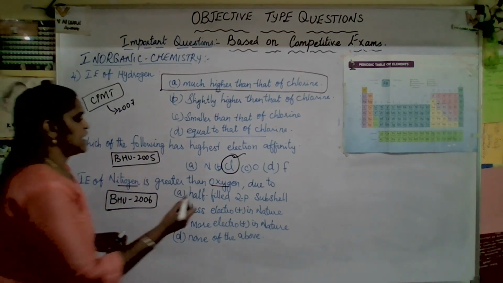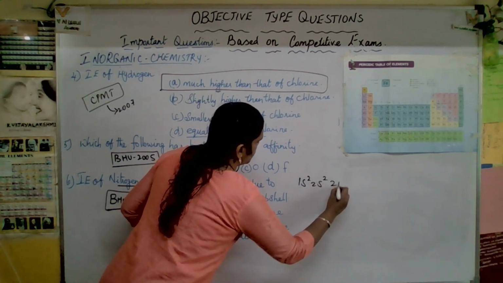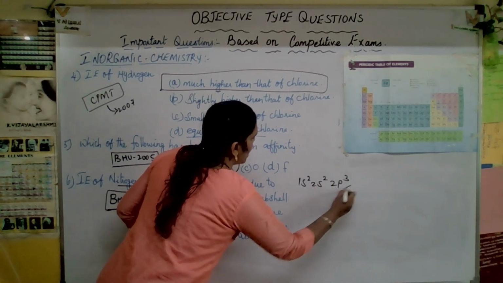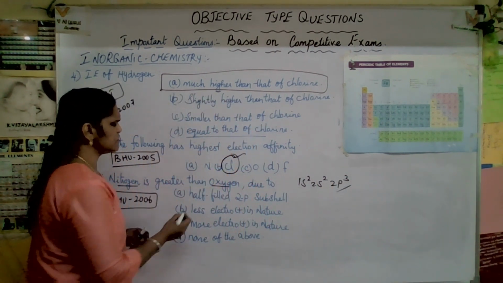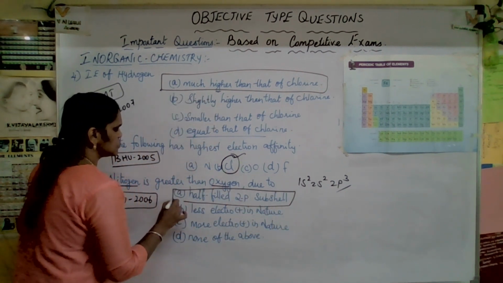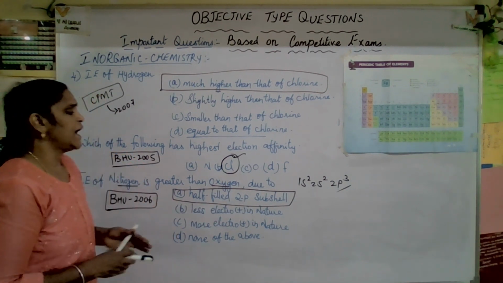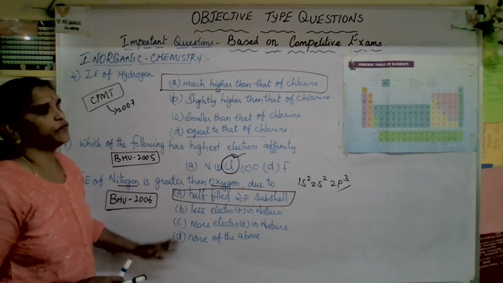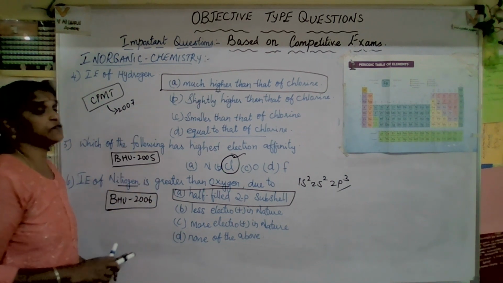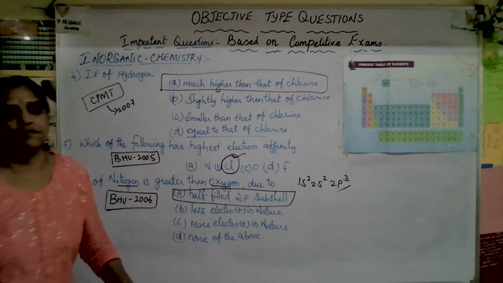See, nitrogen is 1s2, 2s2, 2p3, right? Half-filled. So naturally, option A will be the answer. This is the half-filled 2p subshell. Okay, I hope you got a clear idea of these questions, and these are also very important. Come on, let us go to some more important questions.